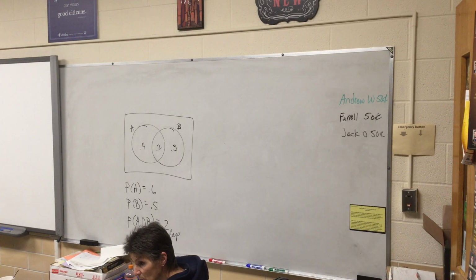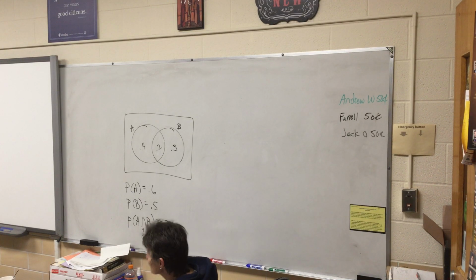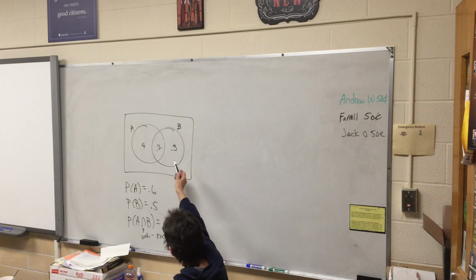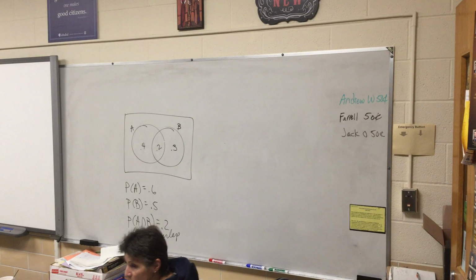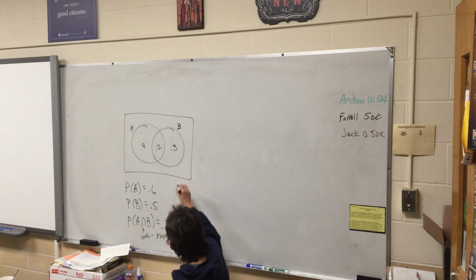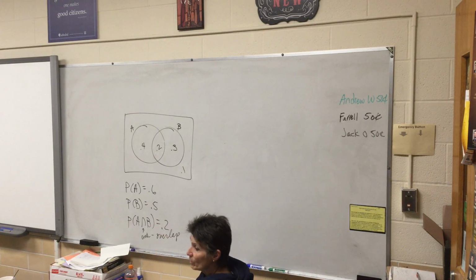Or in terms of decimals, it would be 1. They have to add up to 1 or 100%. So what do these probabilities add up to so far? 0.4, 0.2, 0.3, that adds up to what? 0.9, which means that out here, we have a 0.1.